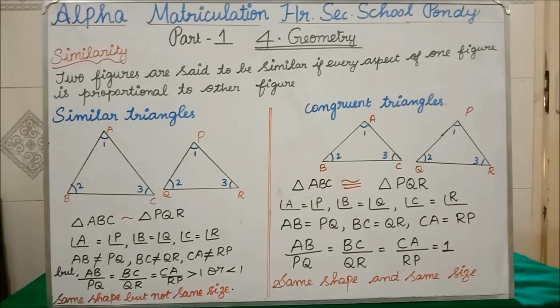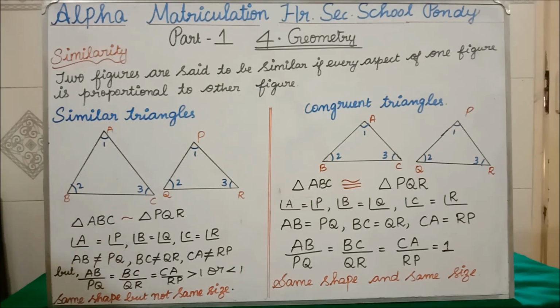What is the difference between similar triangle and congruent triangle is, similar triangle will have same shape but not same size. But when you come to congruent triangle, it will have both same shape and same size. Clear? Whenever we are saying the two triangles are similar, we immediately will use these 3 conditions.